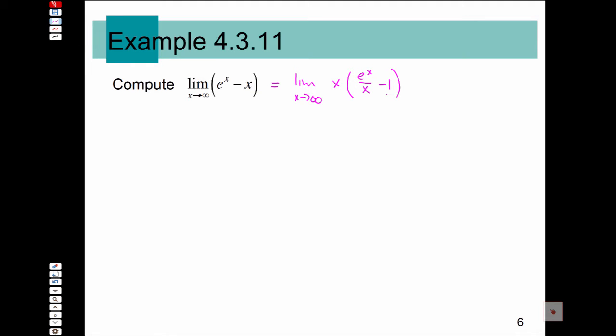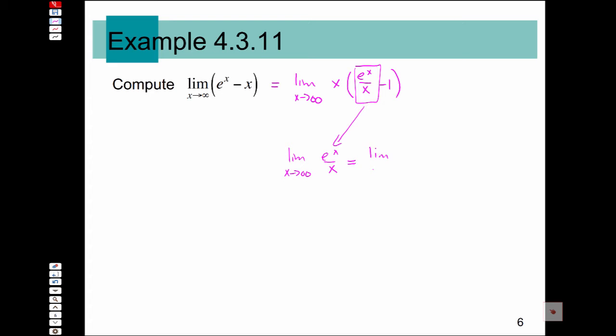That might be a little less clear, but what we can do is consider this quantity, e to the x over x, and first figure out what happens to that in the limit as x gets very large. The limit as x goes to infinity of e to the x over x is an indeterminate quotient of the form infinity over infinity because e to the x goes to infinity and x goes to infinity. So we can apply L'Hopital's rule.